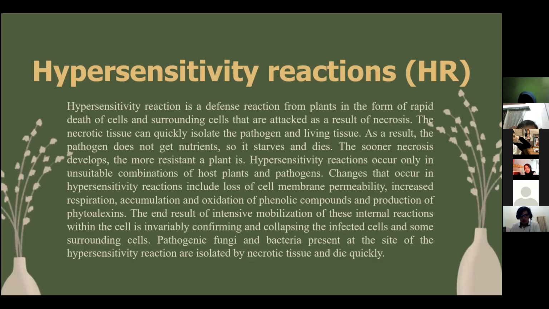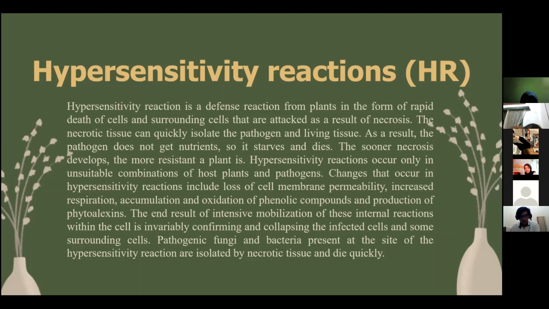Hypersensitivity reactions occur only in unsuitable combinations of host plants and pathogens. Changes that occur in hypersensitivity reactions include loss of cell membrane permeability, increased respiration, accumulation and oxidation of phenolic compounds, and production of phytoalexins.